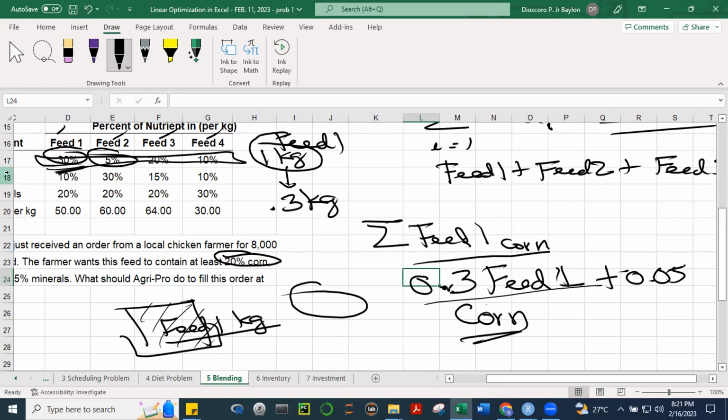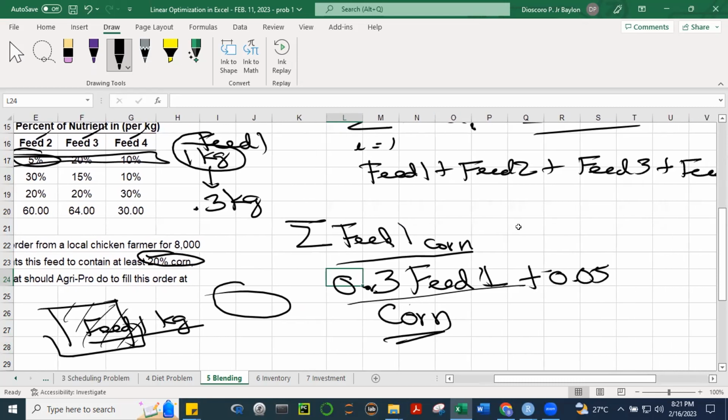And of course, feed 2, we add 0.05. Why 0.05? Because it's only 5%. 0.05 times feed 2. And then we have 20 and 10.